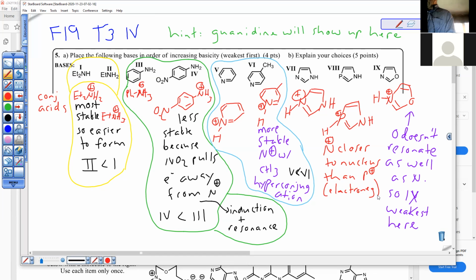So we can put these all in order now. IX is the worst of the bunch in these three. I want the P plus at the end. It's the best of the three. And I need VII in the middle. So right now we've got most of the credit already.